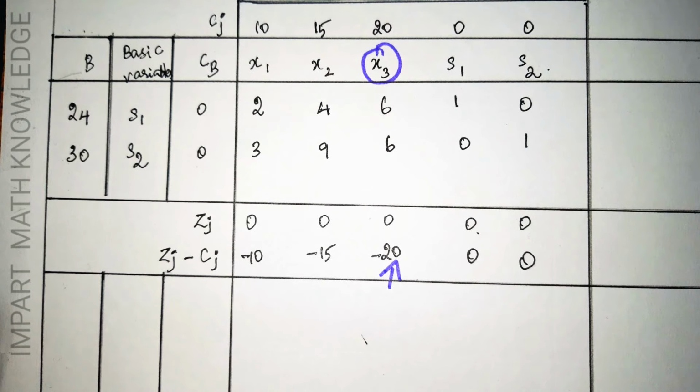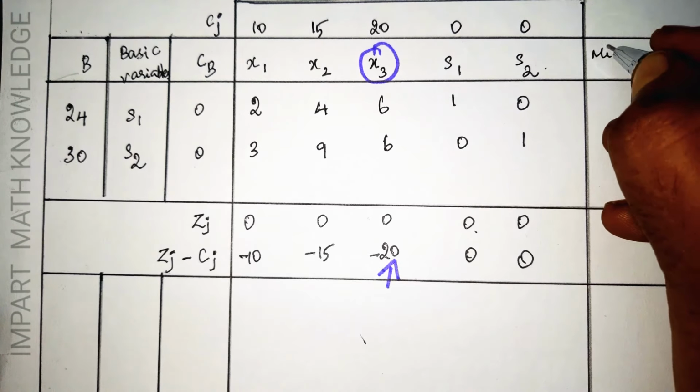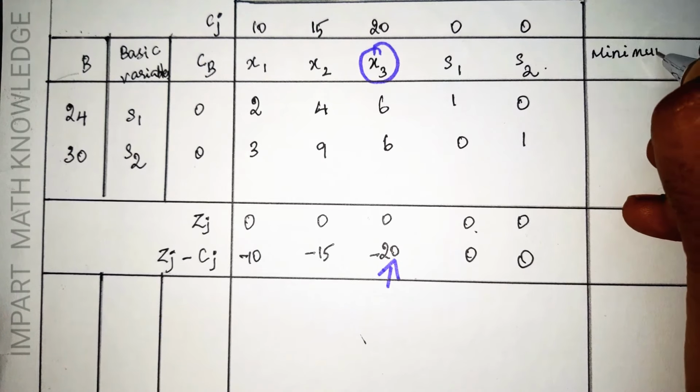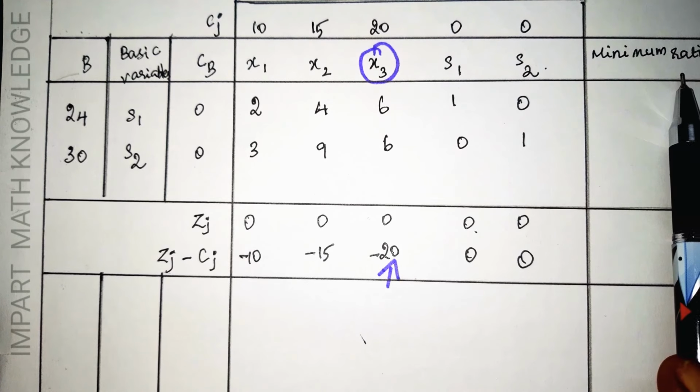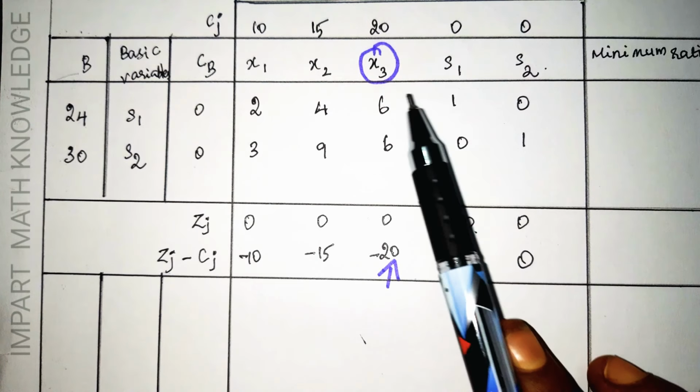Next we have to find the leaving variable. For finding leaving variable, we have to find the minimum ratio. For finding minimum ratio, we have to divide the right hand side constants with incoming variable column.